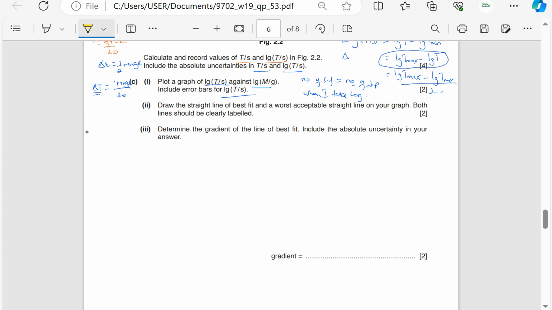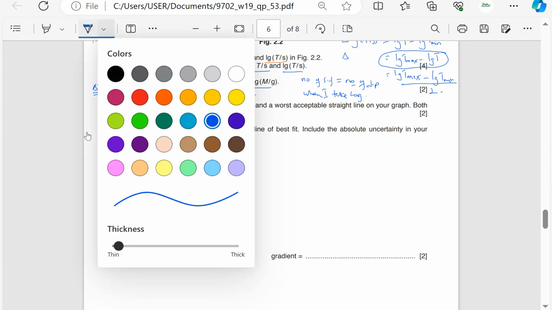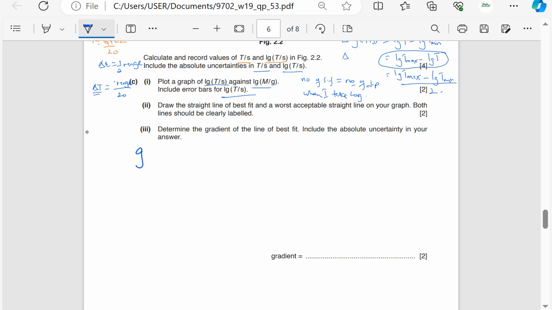So the gradient for best fit uses the best fit values: the change in the y values, 0.382 minus 0.218, divided by the change in the x values, 2.59 minus 2.24. That is the gradient for the best fit.